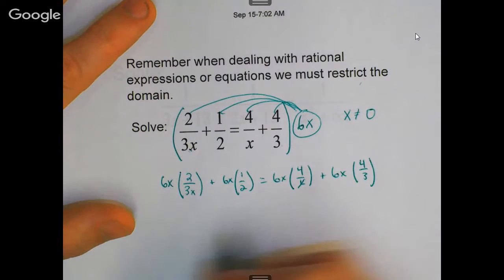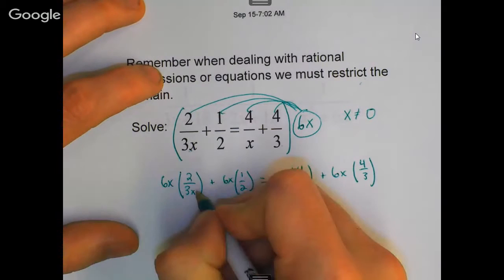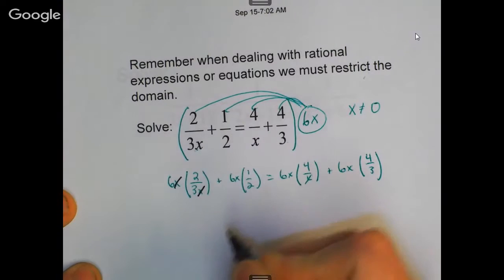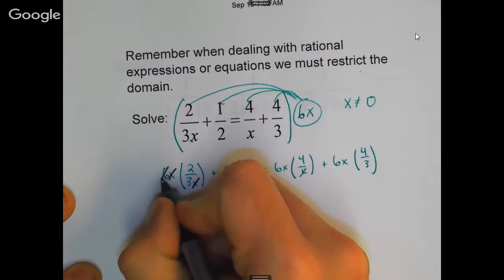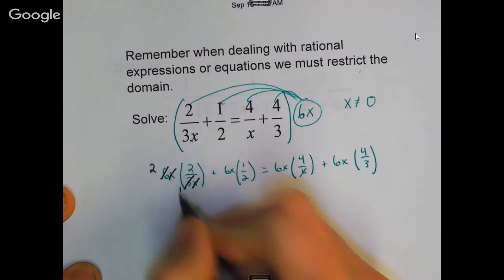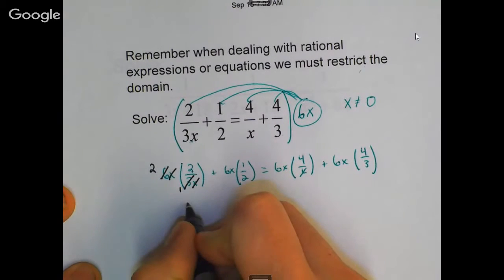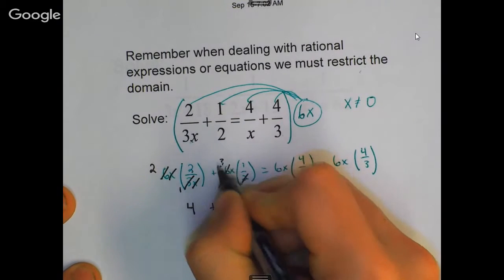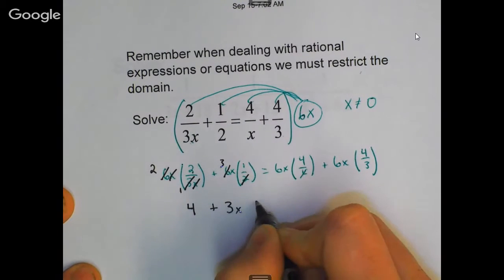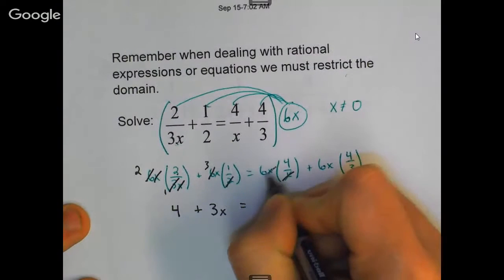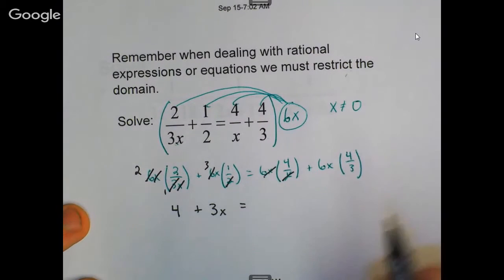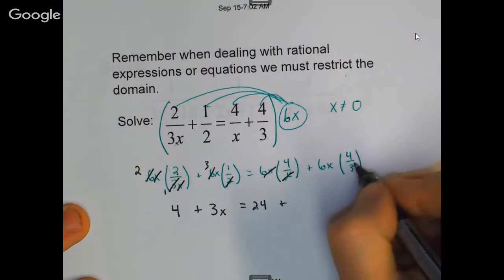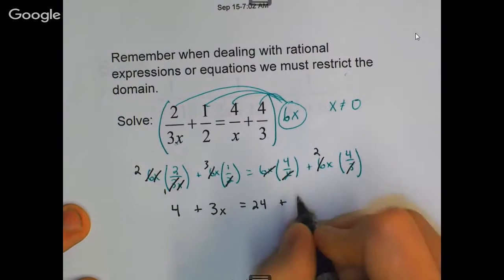Then I can see what's going to cancel. Let me change colors here. This will cancel with this, and my 6 will become a 2, and my 3 will become a 1. So I've got 2 times 2 is 4, plus, my 2 and my 6 cancel, so I've got 3x equals, my x and my x cancel, so I've got 6 times 4, which is 24, plus my 3 and my 6 cancel, so I have 8x.